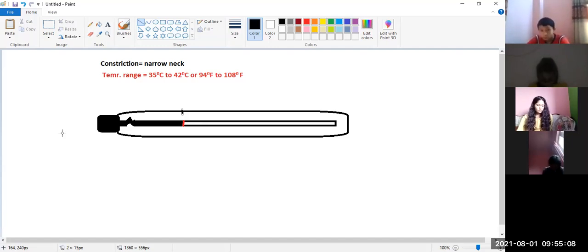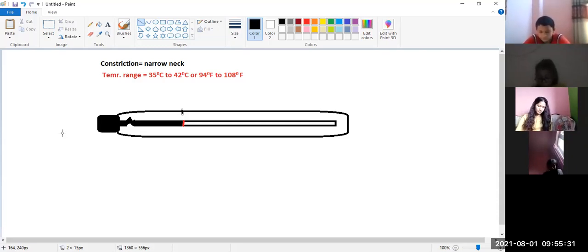To measure the temperature of any substance, the bulb of the thermometer is kept in contact with the substance, and changing the temperature brings expansion or contraction of the mercury in the capillary tube. If there is contraction, the mercury level falls. If there is expansion, the mercury level rises, and we can measure the temperature.